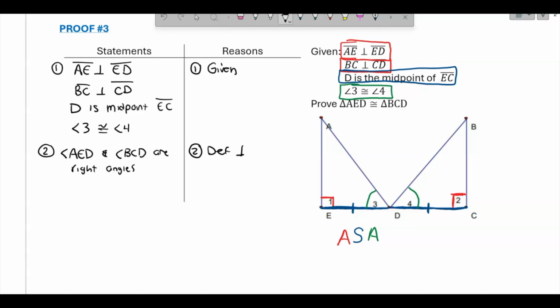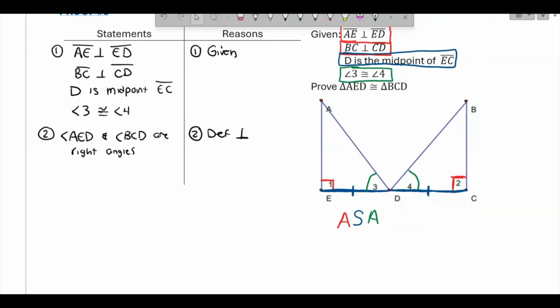Now, either way I do this, I'm going to have to take an extra step here to show that means they are congruent. Once again, this might seem obvious to you, but we still have to state it. We need 3 congruent statements to know that we are doing ASA. So what I'm going to do is say angle AED is congruent to angle BCD.